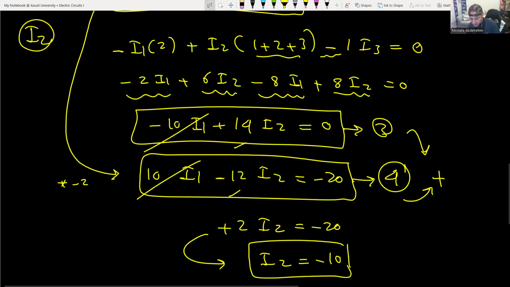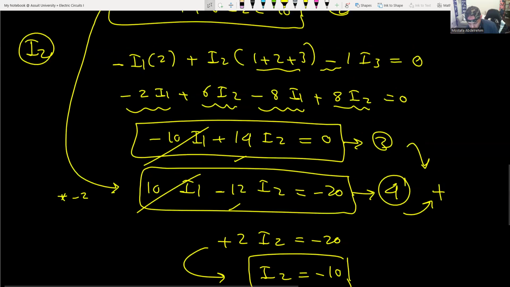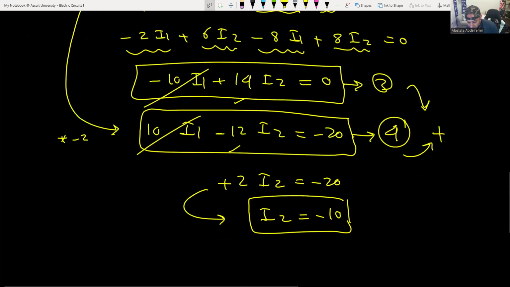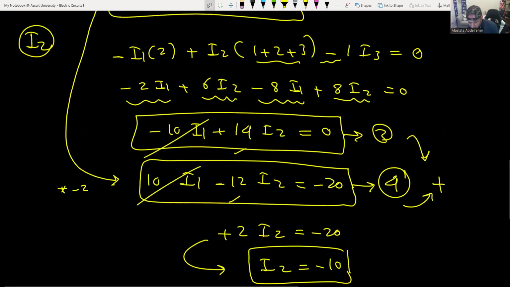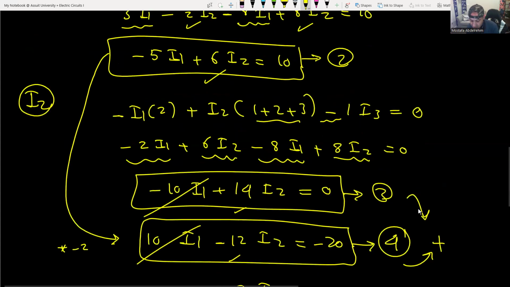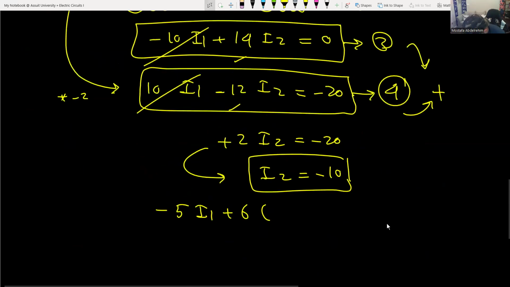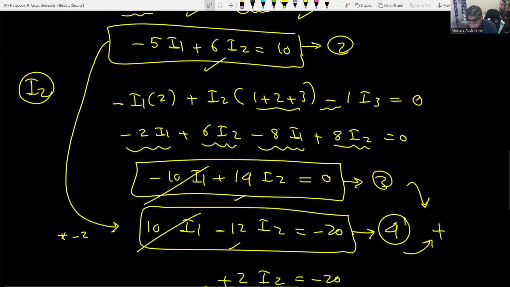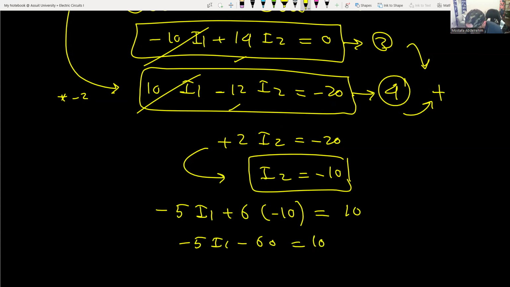Now we choose any equation and just substitute to find I1. So let's do the first one here. Minus 5 I1 plus 6 multiplied by I2, which is minus 10, equal to 10. So minus 5 I1 minus 60 equal to 10.